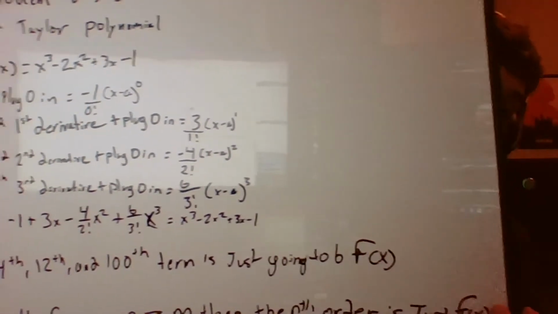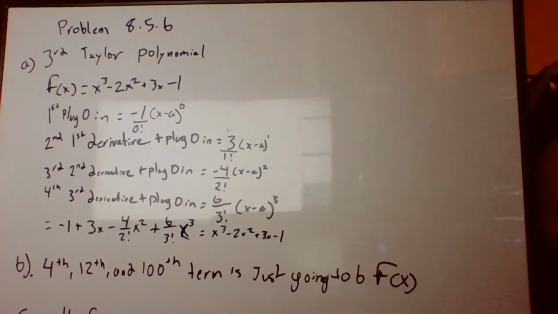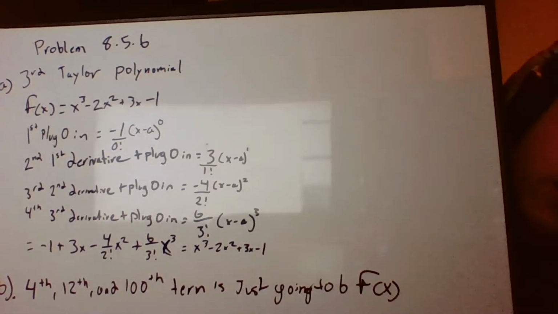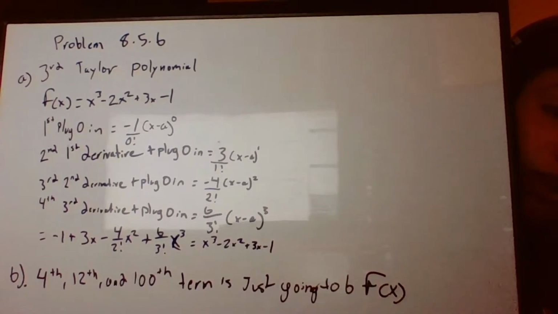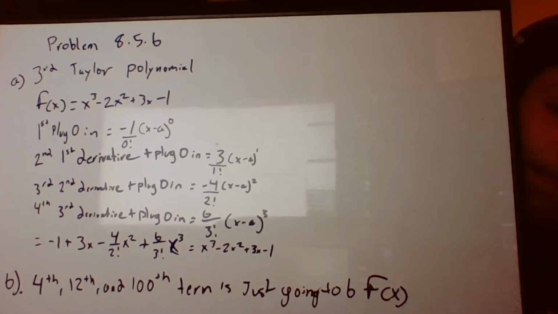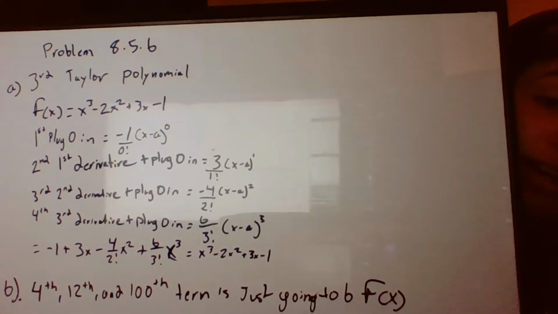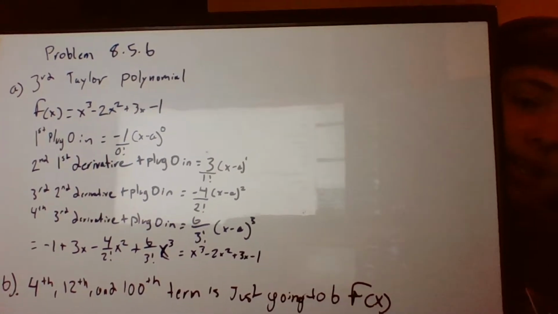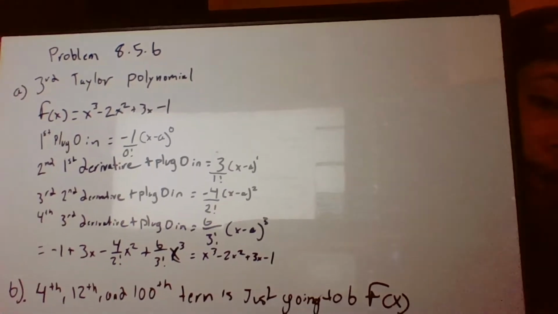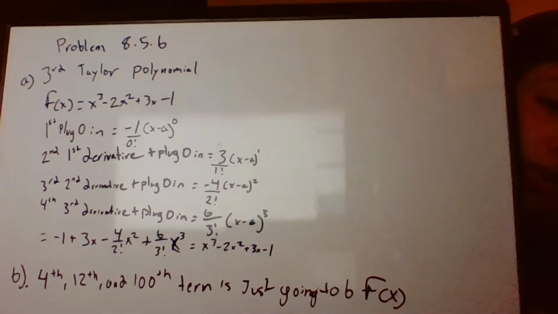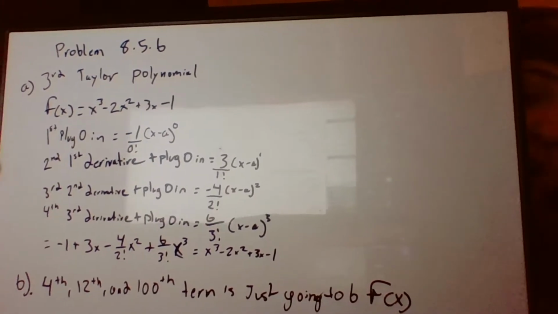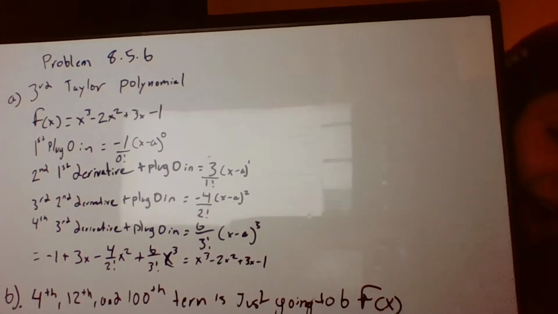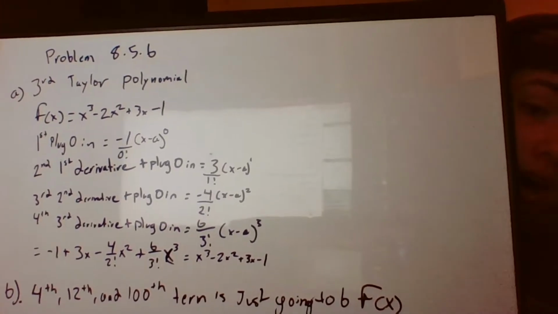Our fourth one is going to be the third derivative, and then we plug in 0, and it's going to be 6 over 3 factorial times x minus a to the third. When we write it all out, we get a nice long equation that I don't want to say. If we examine it, that actually equals f of x.